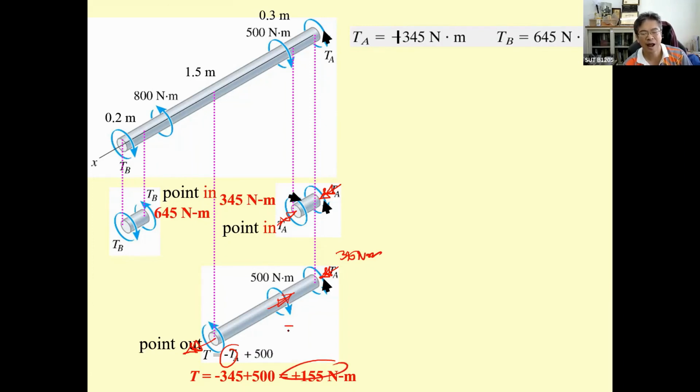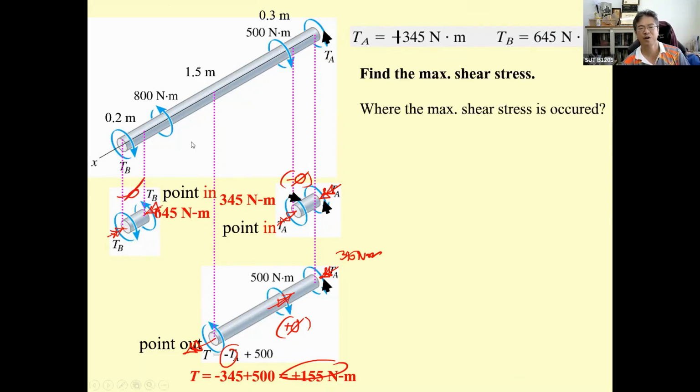So the angle in this portion is positive. The angle of twist in this one is negative, and this one also has a negative angle of twist. So if you would like to find the angle of twist, you get the direction like this.